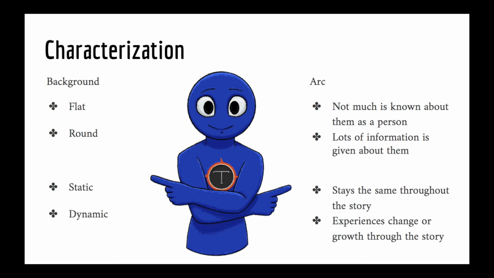However, you can mix these terms together from the different groups. You can have a flat static character, or a flat and dynamic character. You can have a round and static character, and you can have a round and dynamic character. Now, in the character arcs we're going to be learning about today, no matter if the character is round or flat, they have to be dynamic because they have to go through some sort of change to fit into one of these arcs.